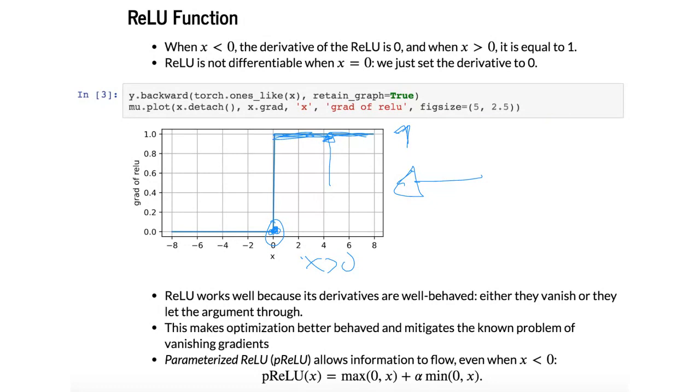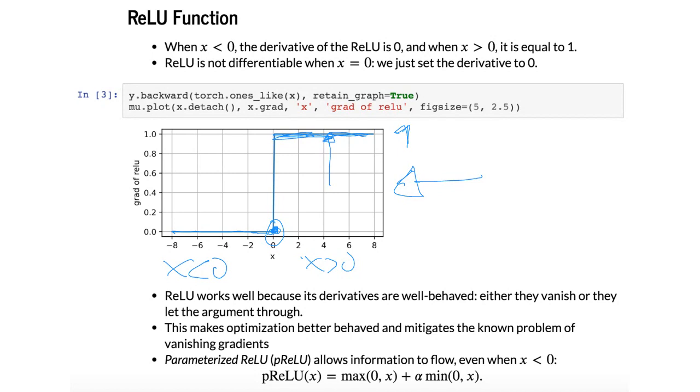And so this makes the optimization, the training procedure, well behaved. This is the actual favorable feature of using the ReLU. And when x is less than 0, the derivative is basically 0. Why is this important?